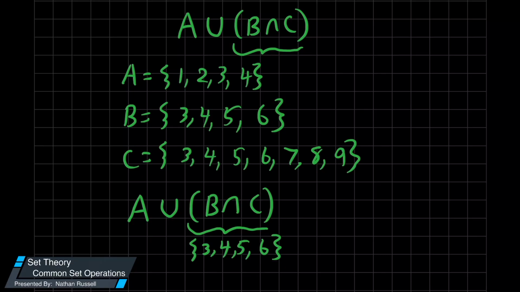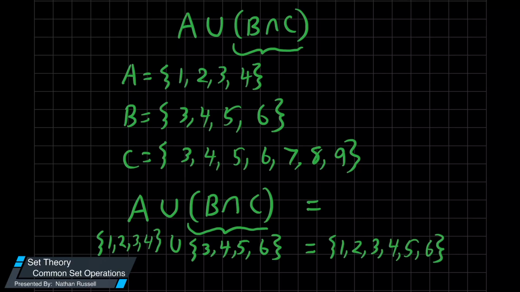And then we're going to take A, which is 1, 2, 3, 4, and we take the union of that. So what the result would end up being would be this. The union of these two sets would be 1, 2, 3, 4, 5, and 6.